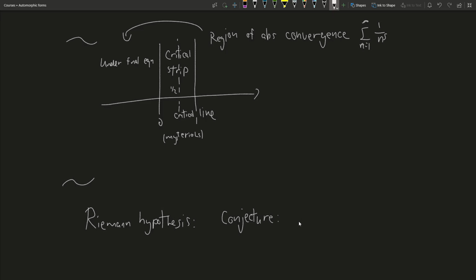Let me maybe state it this way: all the zeros of the Riemann zeta function in the critical strip are on the critical line.